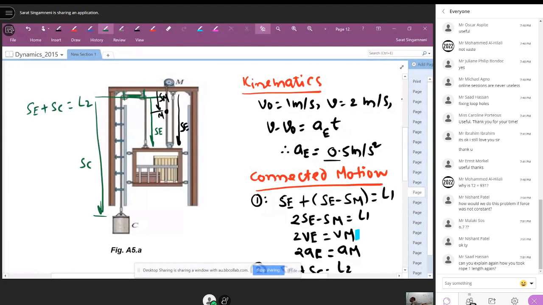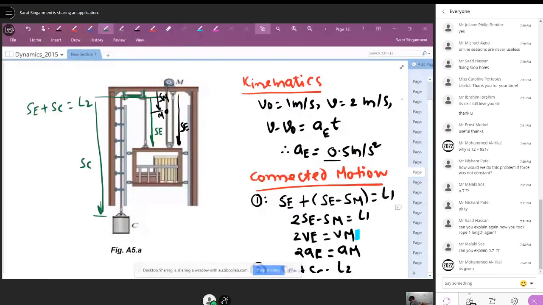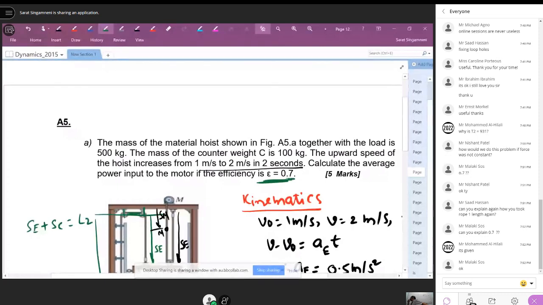That's all. Any other question? 0.7 is given in the problem. Efficiency is 0.7. Any other question?